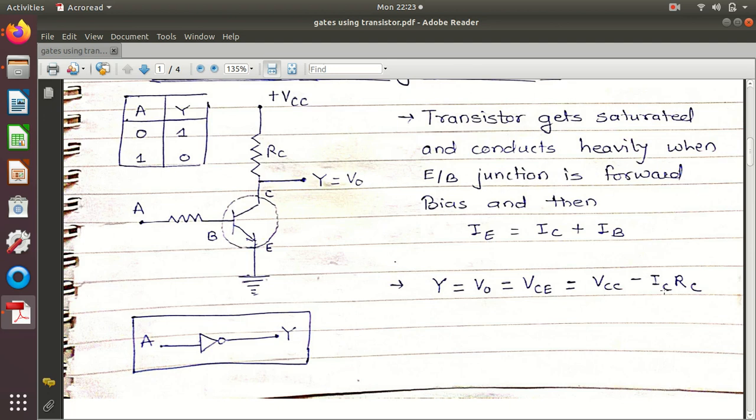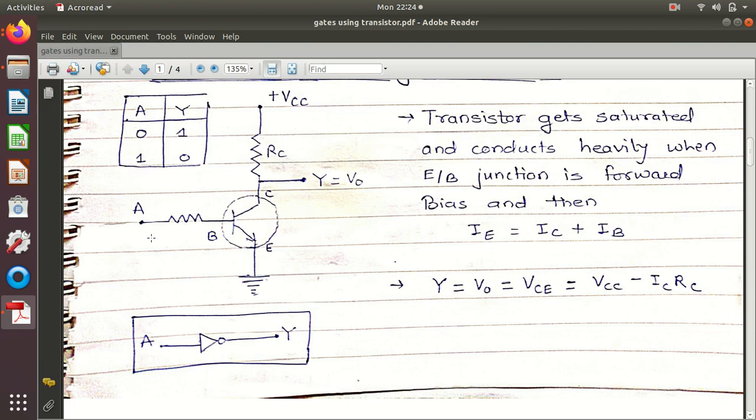So we can say the current flowing in the circuit is equal to VCC upon RC. This much current will flow across this resistance RC. As there is no voltage drop across the transistor, we will get output Y equals 0 when our input A equals 1.